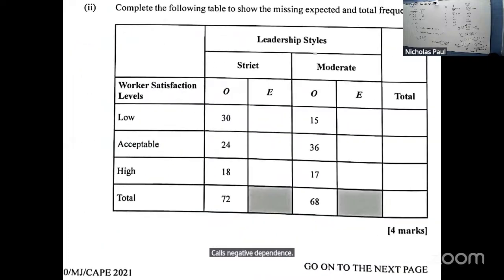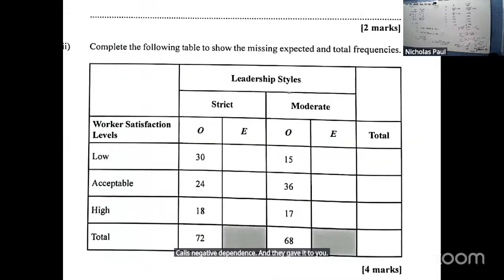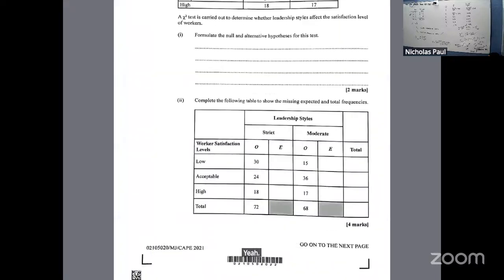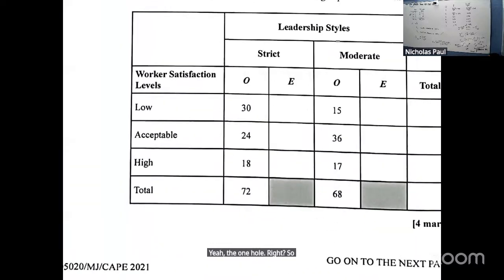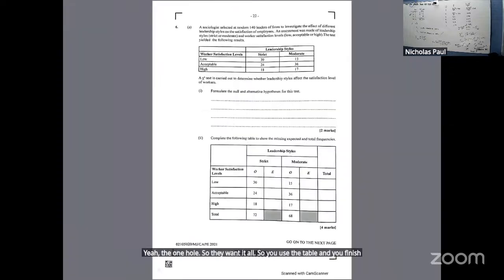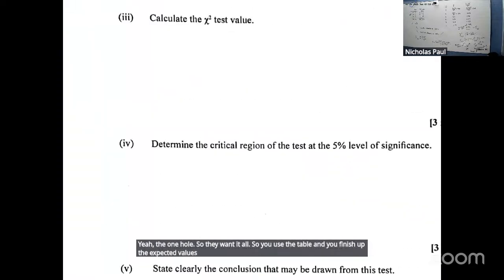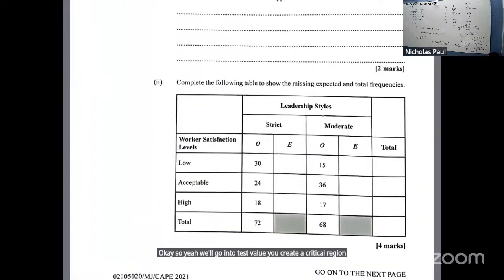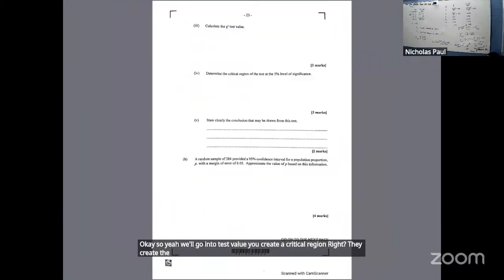They only wanted the shaded ones? Oh wait, no, they want all. So you use the table, finish off the expected values, and then you get the chi-squared test value. You work out the test value, you create a critical region, and then you work it out.